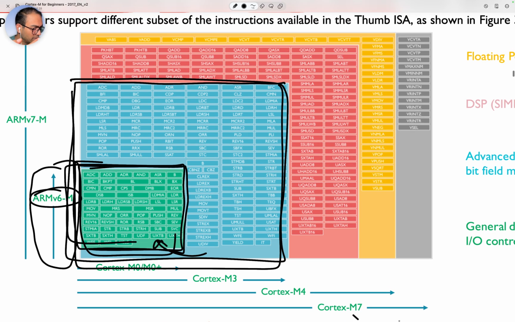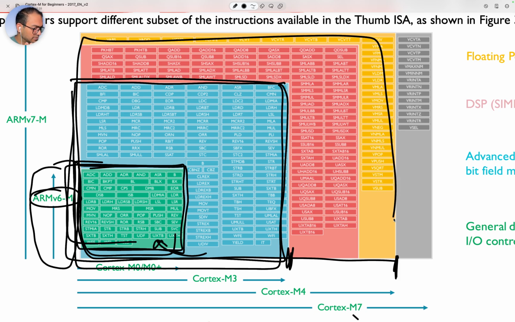And similarly, if you have code written for M3, for example, M3 only provides these many instructions, and then M4 provides all of these. So essentially, with every architecture version and implementation, you get more instructions. The difference between M3 and M4, for example, is that M4 provides some DSP related instructions, digital signal processing related instructions, but the M3 doesn't.